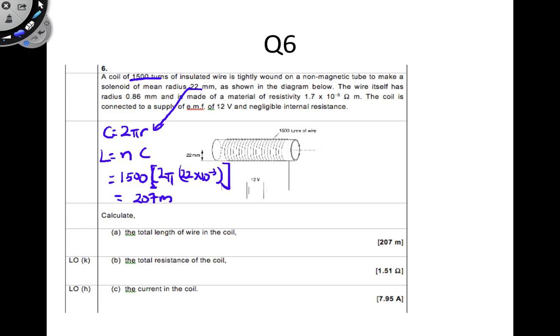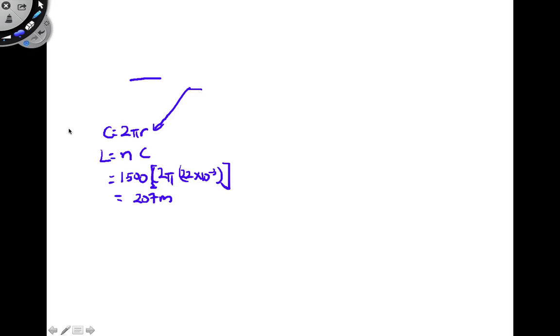Once you have this, you can work out the total resistance. What do I need to find total resistance? Let's use the next page to have more space. The length of your cable is 207 meters. How about the cross-sectional area?